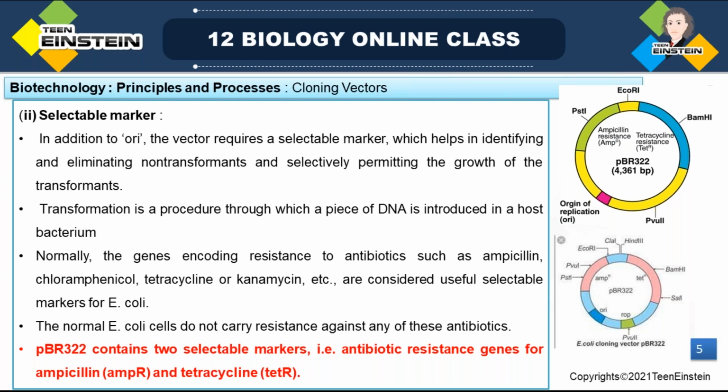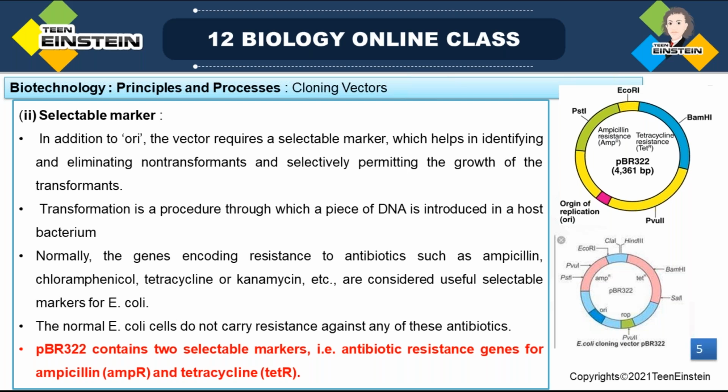So those which survive are the recombinants. They have the introduced gene in them. Others will die, right? When it has the resistant gene in it, it can grow. That means only recombinants or the transformants can grow.